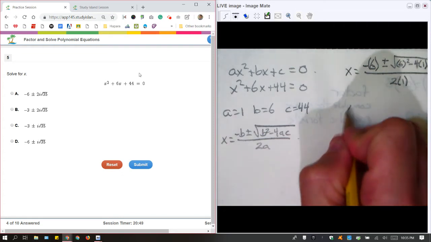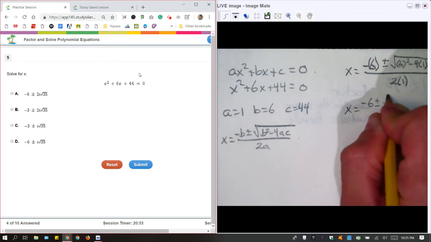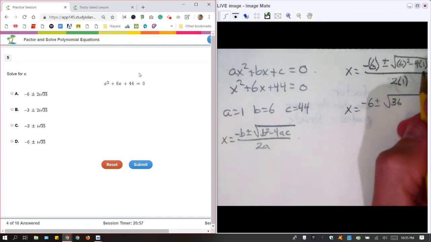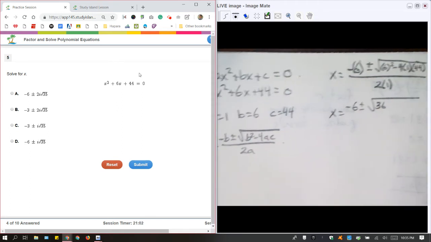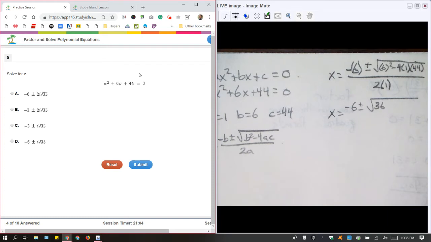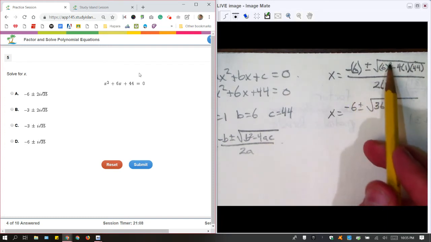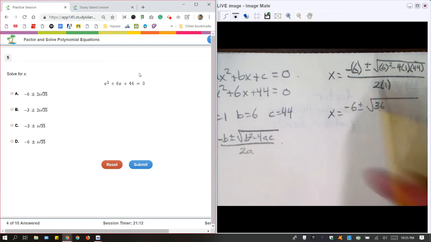All right, so x equals negative 6 plus or minus the square root of 6 squared is 36 minus 4 times 1 is 4, and 4 times, you can't even see that, I'm sorry. So start that again. Negative b plus or minus the square root of b squared minus 4 times a times c divided by 2 times a.